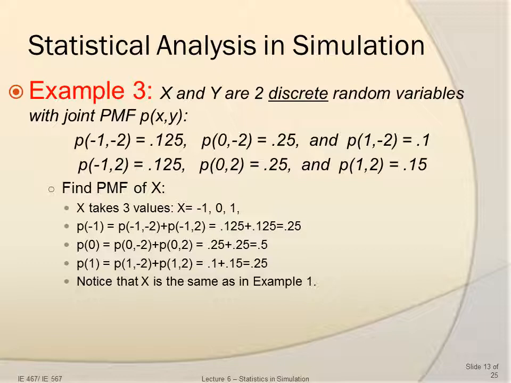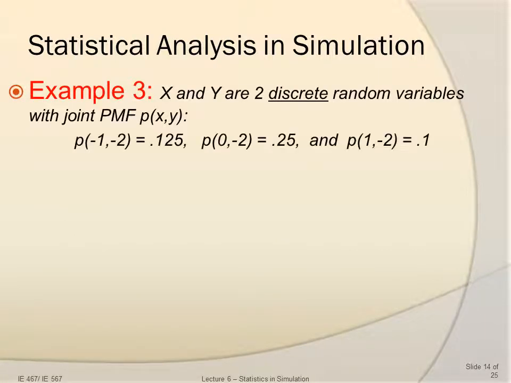If you look at this PMF that we just computed, you can notice that x is the same as in example 1. What does it mean? Not only that it has the same values, -1, 0, and 1, but also that the corresponding probabilities of each of these values are the same as the x in example 1. We already computed the expectation and the variance for example 1, so we just use it here.